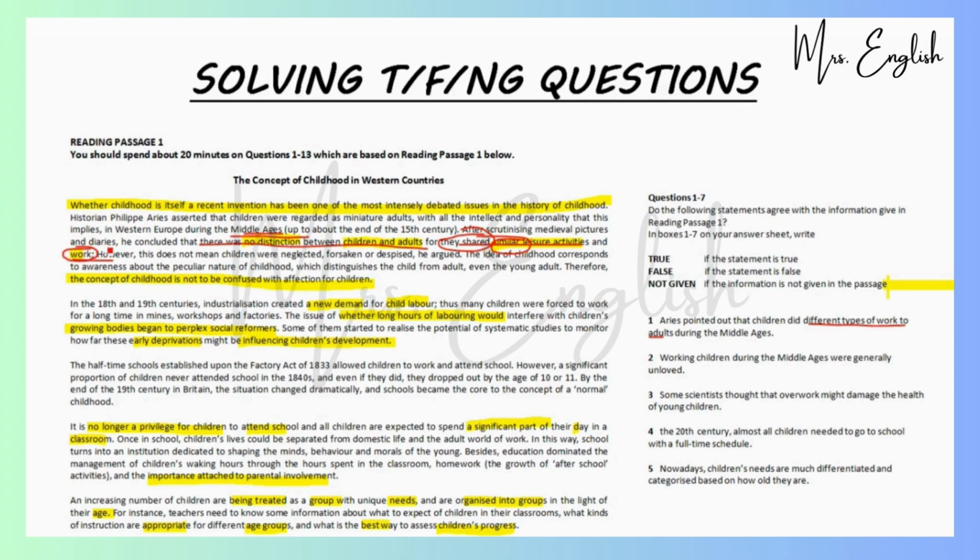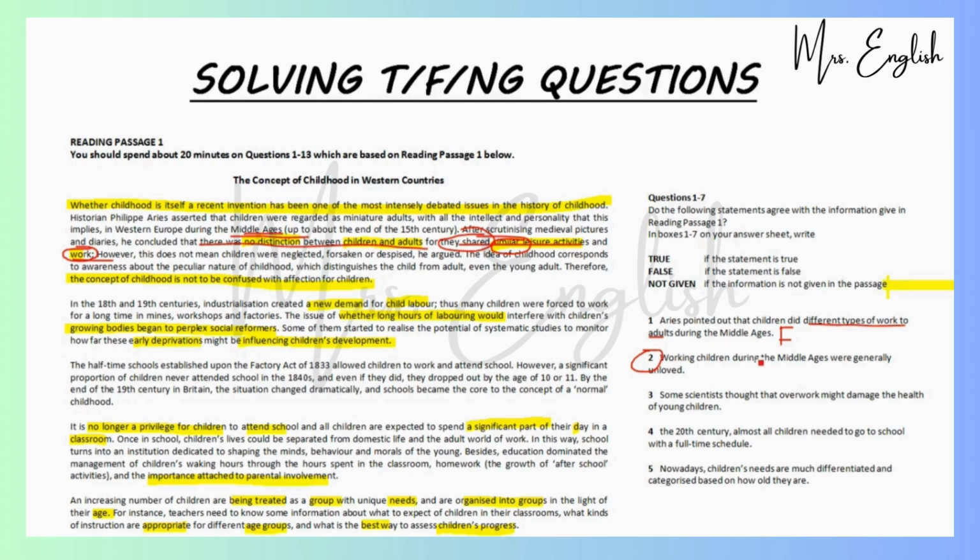So there was actually no distinction. For this reason, this statement is false, because it says that they did different types of work, whereas in the Middle Ages, they did not do different types of work.